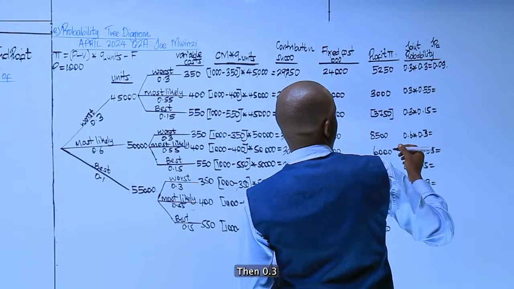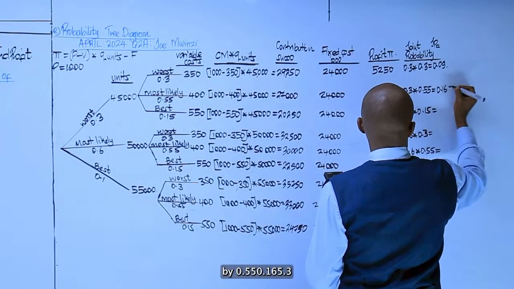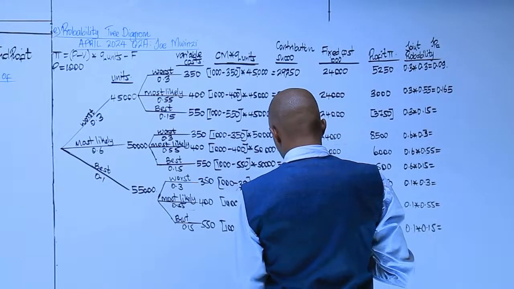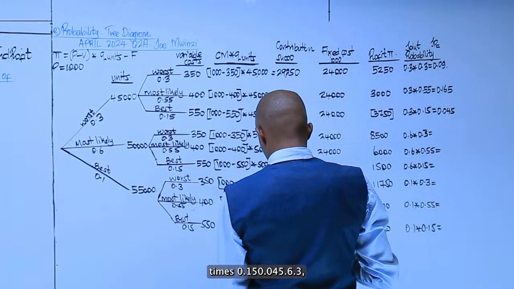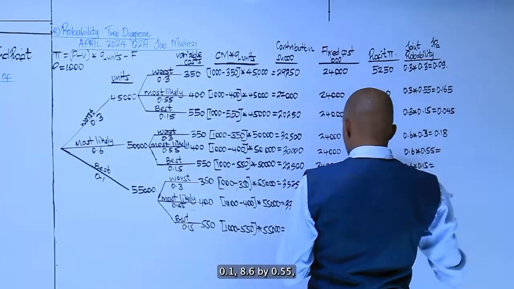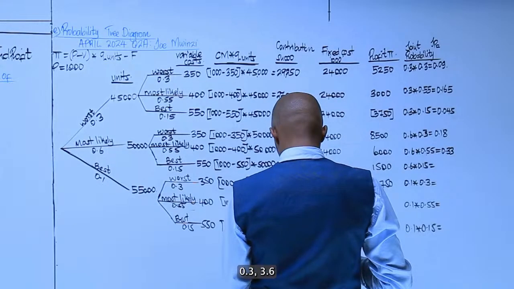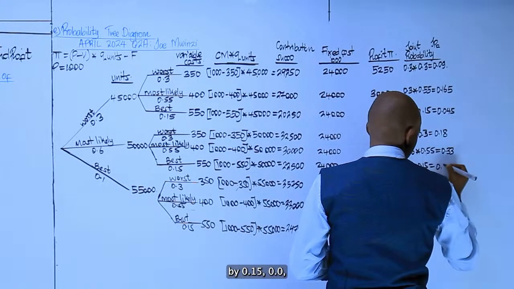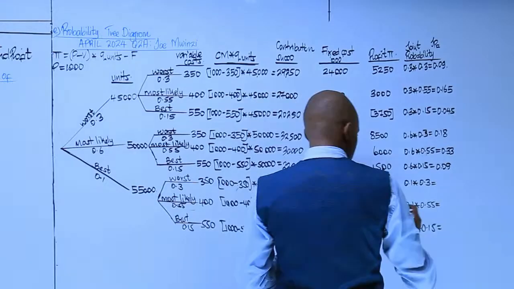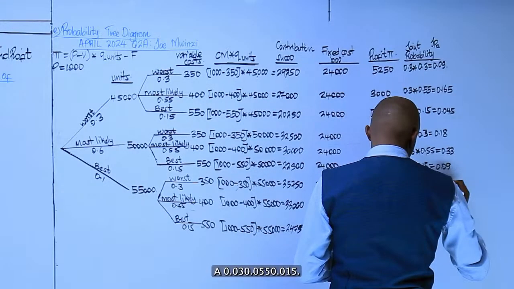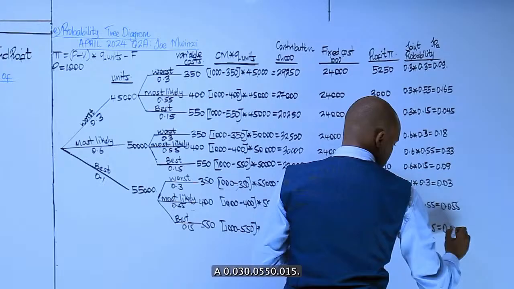Then 0.3 by 0.55 is 0.165. 0.3 times 0.15 is 0.045. 0.6 by 0.3 is 0.18, 0.6 by 0.55 is 0.33, 0.6 by 0.15 is 0.09. 0.1 by 0.3 is 0.03, 0.1 by 0.55 is 0.055, 0.1 by 0.15 is 0.015.